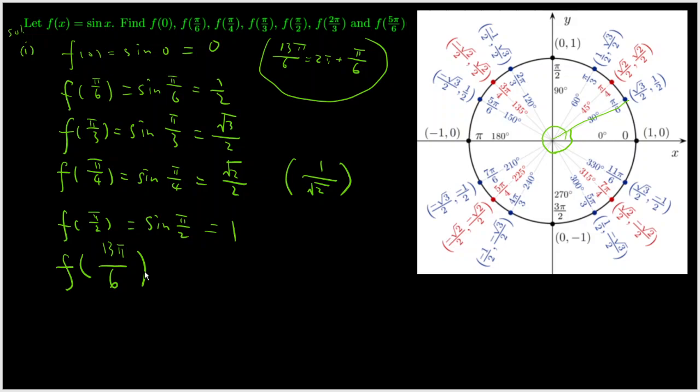Now tell me the sine value of 13 pi over 6, please. After a complete rotation, you add pi over 6. So the terminal side of the angle is the same as pi over 6. So that makes sense?